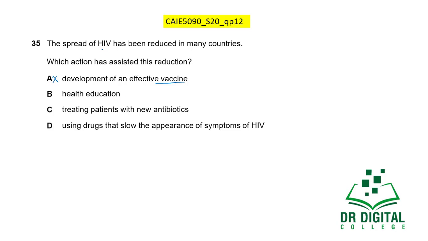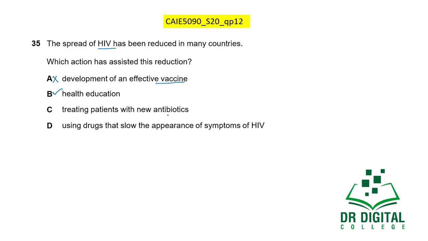Yes, health education can reduce the transmission of HIV, because if we are using preventive measures such as condoms and femidoms during sexual activity, then the transmission of HIV can be inhibited. Similarly, if we are using personal hair cutting tools, or sterilized equipment for surgery and dentistry, then transmission of HIV can be reduced. So health education might be the answer for this.